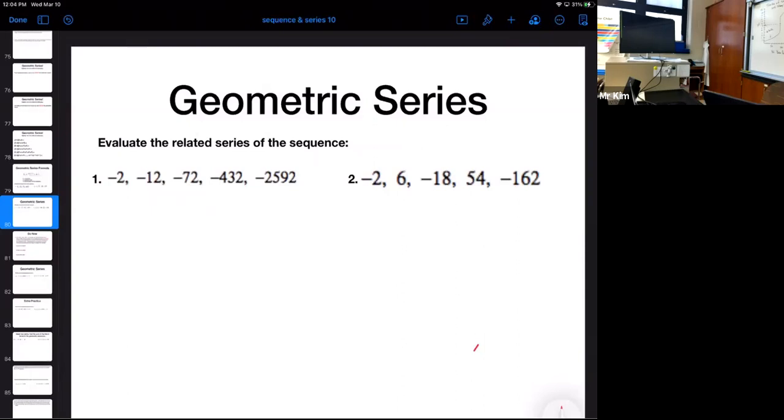Other common ratio. Oh, okay. Do you have to? Okay.